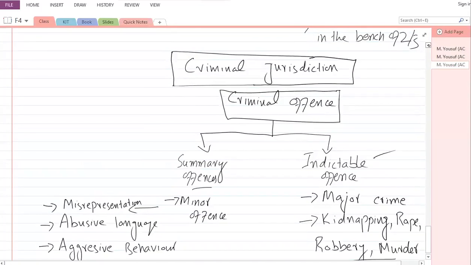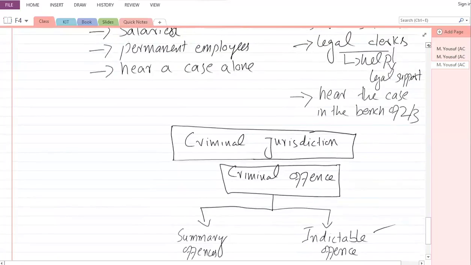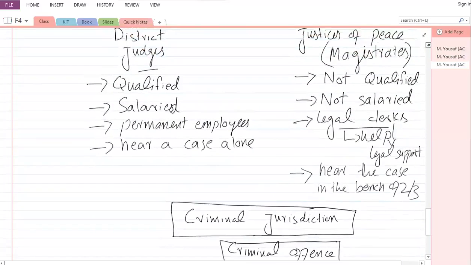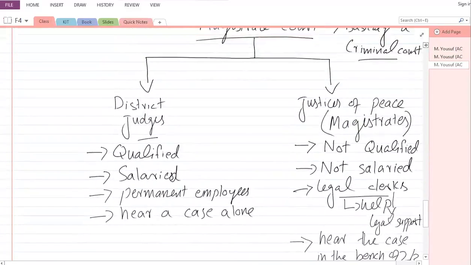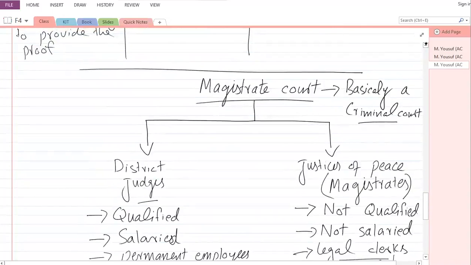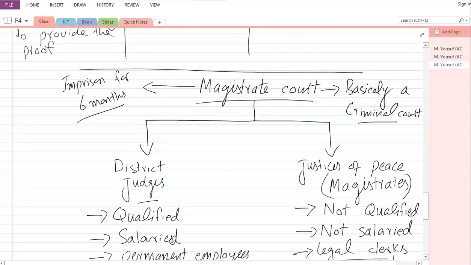The problem here is that the magistrate court only has the power to imprison for 6 months, because this is a lower court and there are justices of peace in it who are not even qualified.